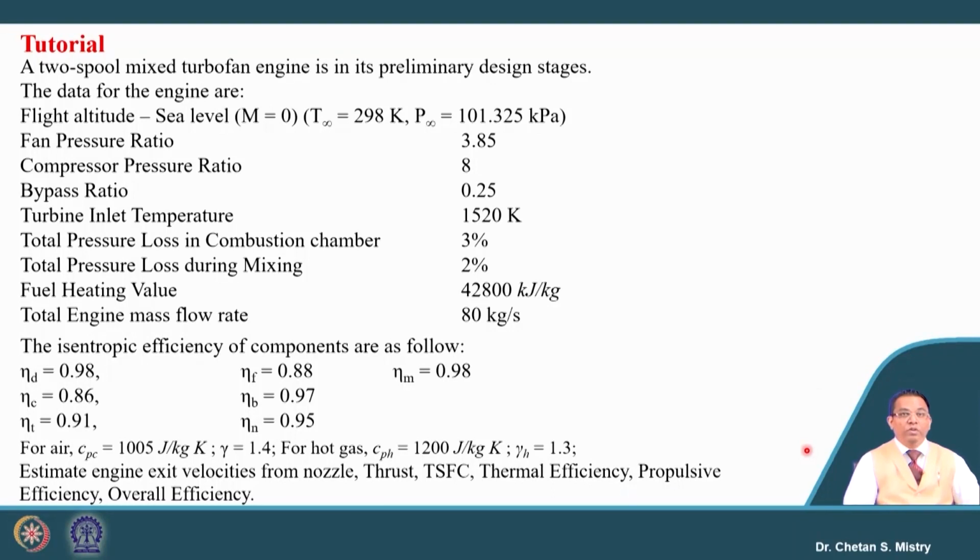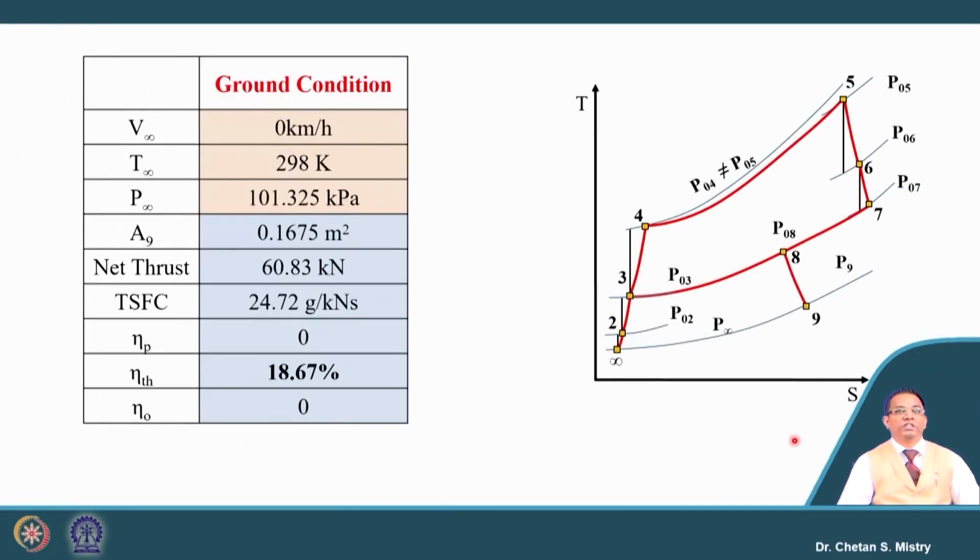From that we have done our initial cycle analysis, where we calculated the net thrust generated by this engine at ground condition. We have calculated our thrust specific fuel consumption, propulsive efficiency, thermal efficiency and overall efficiency.